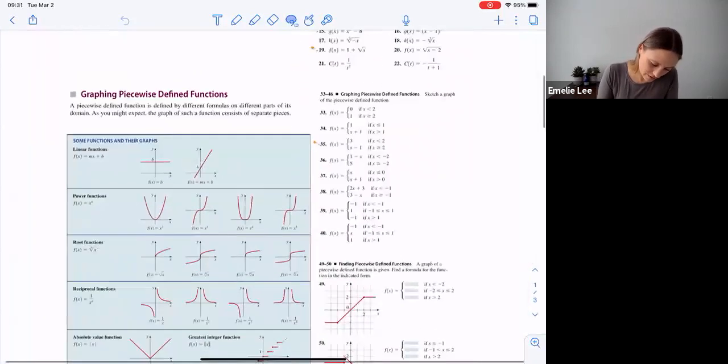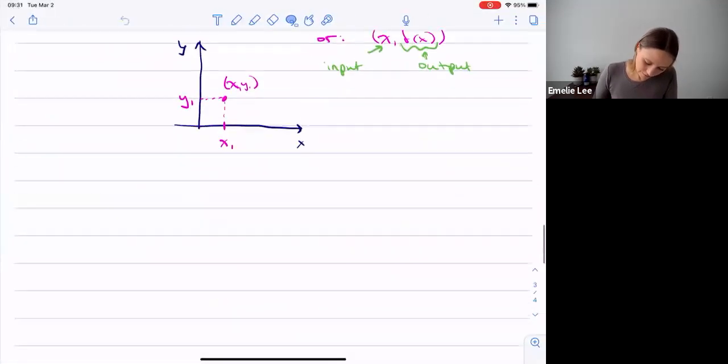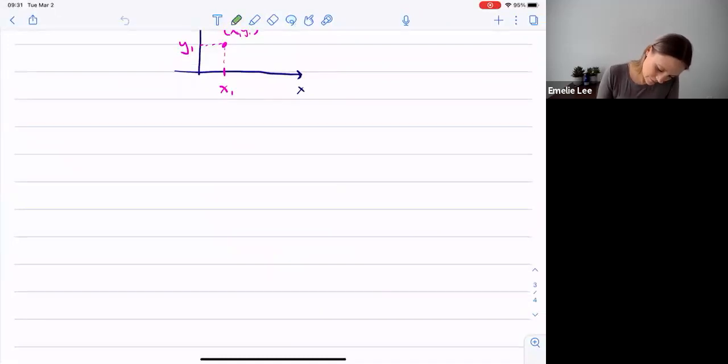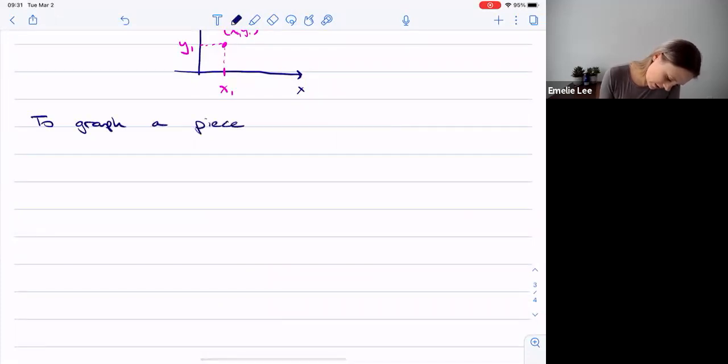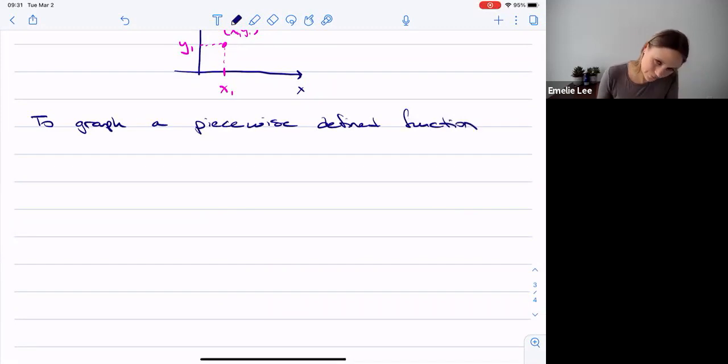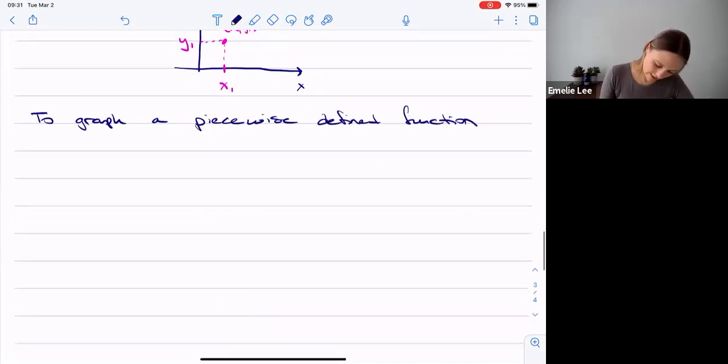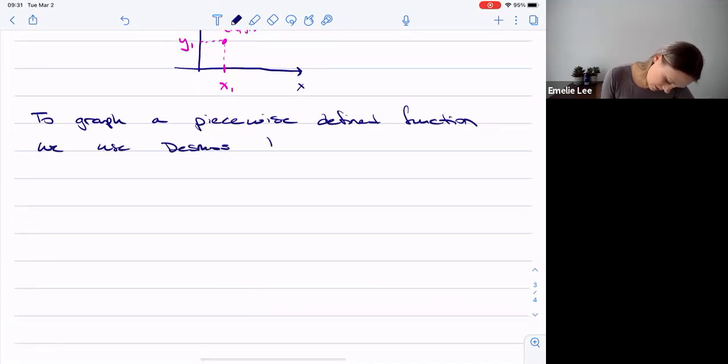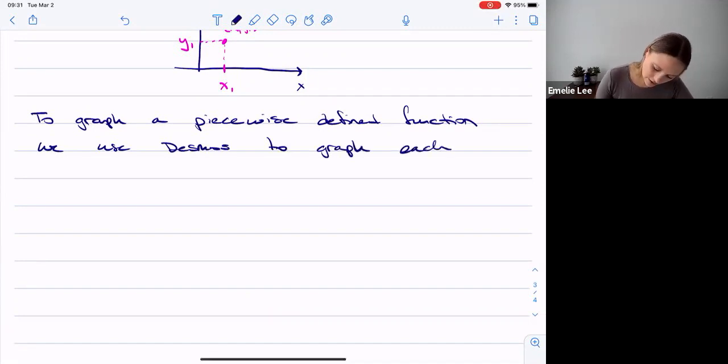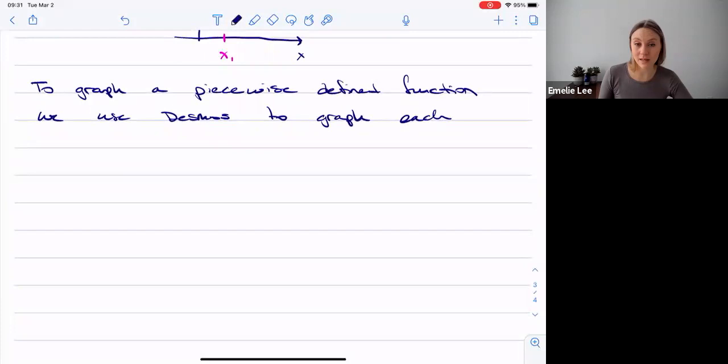So let's go here. To graph a piecewise defined function, we use Desmos to graph each piece.